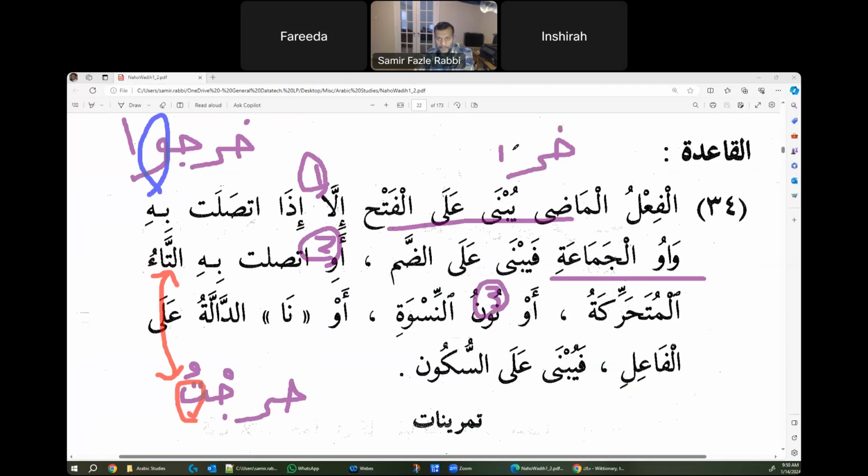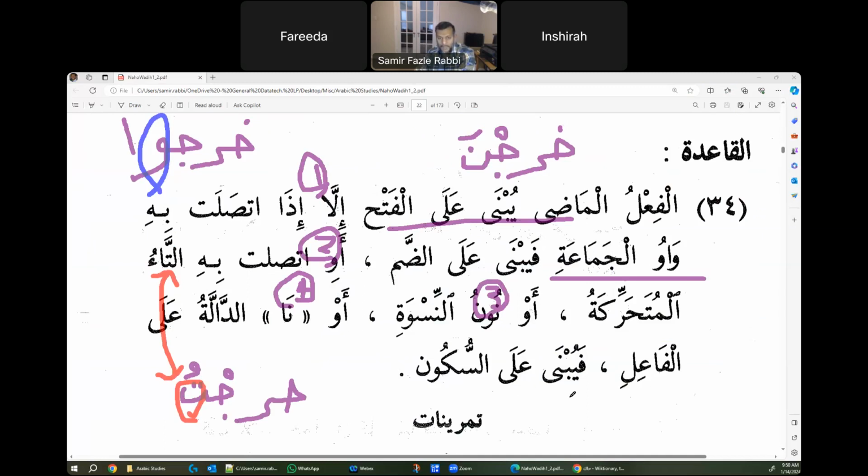Or number 4, the na الدالة على الفعل, which is like us, خرجنا, which shows the فعل.